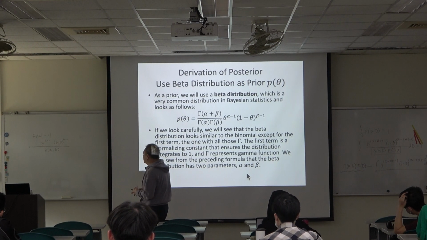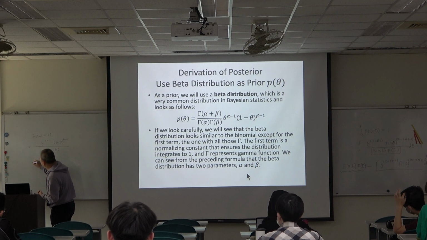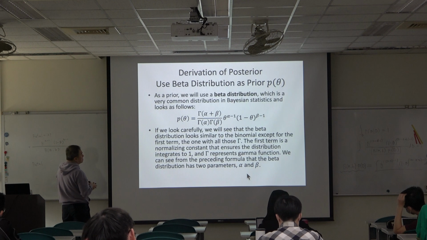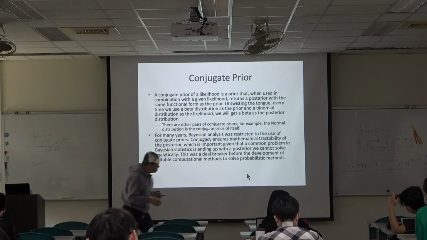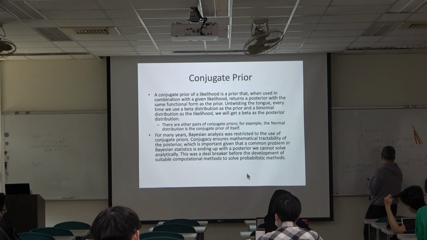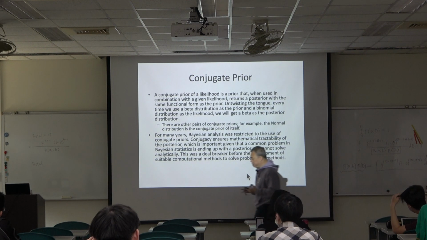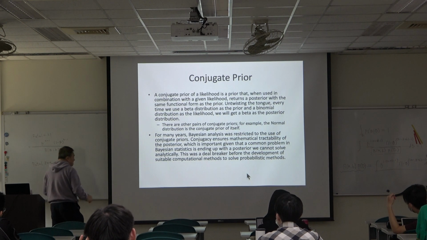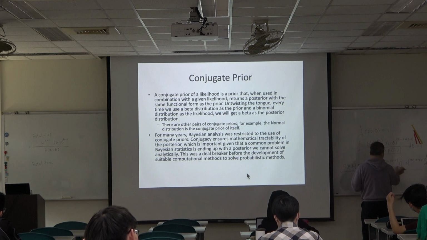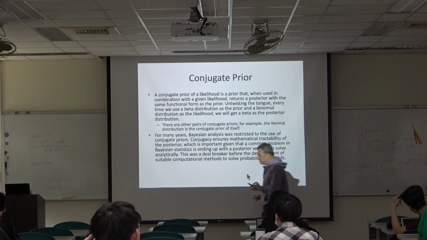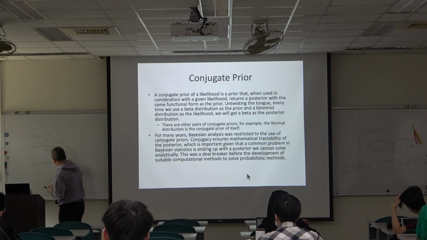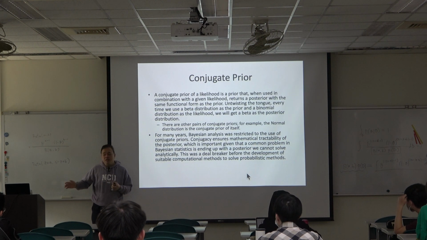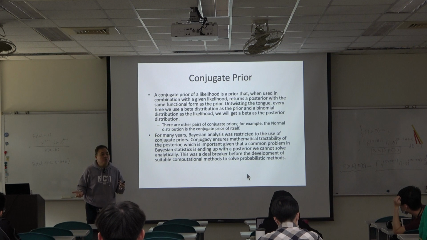So now, let's think about this. We put z plus a as our new A, and n minus z plus b as our new B. Obviously, these two new parameters are still valid parameters.